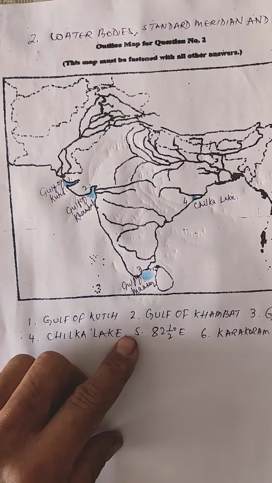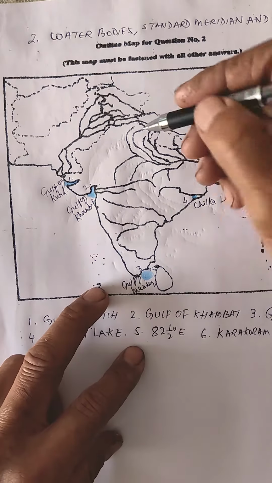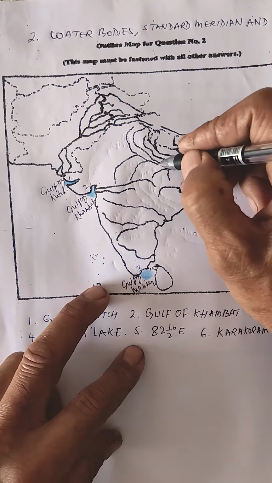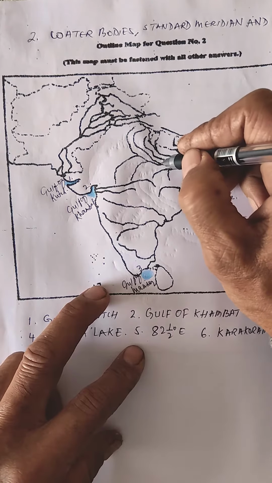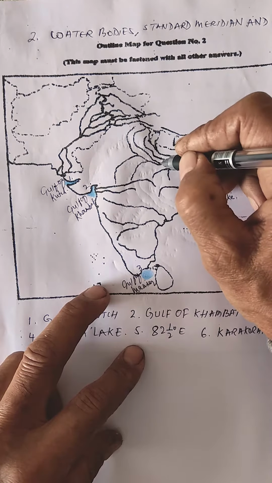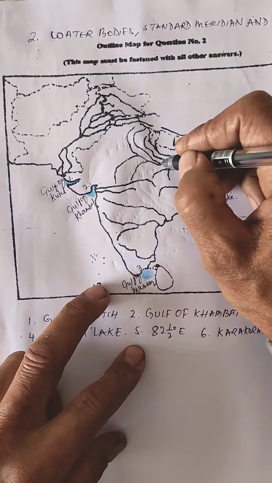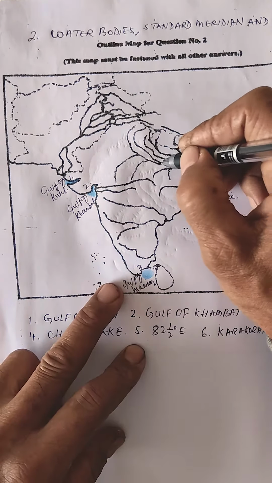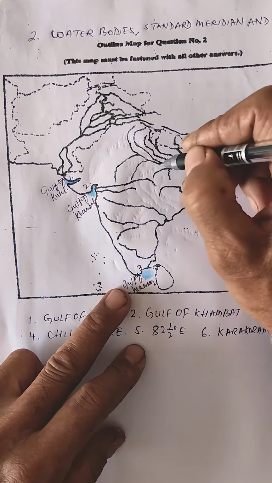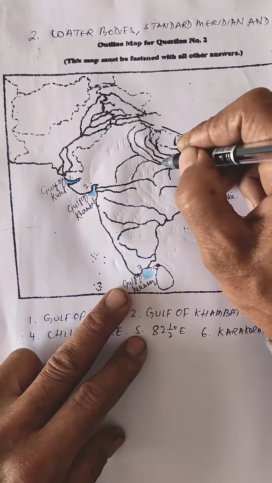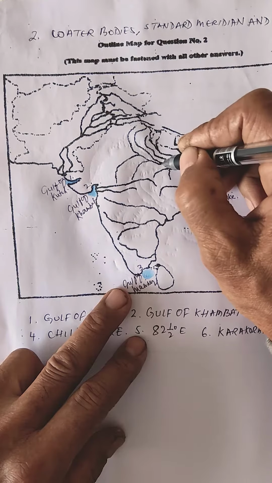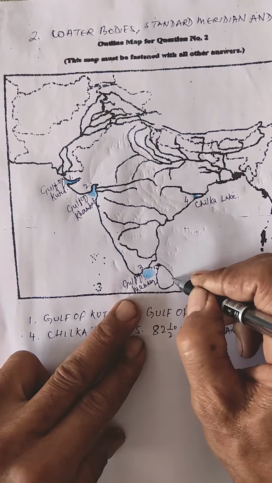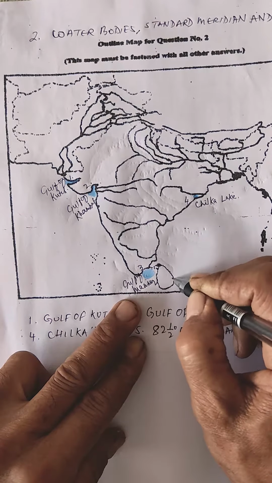First, mark Allahabad here, where the Ganga and the Yamuna meet. The standard meridian passes through Allahabad, where the observatory for our standard time is located. So you mark it here and also here on the easternmost coast of Sri Lanka.